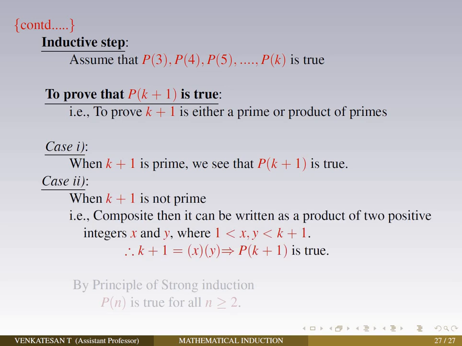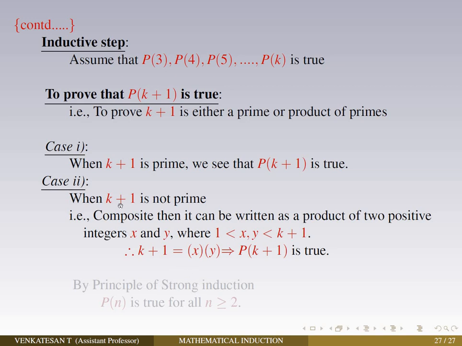If k plus 1 is not a prime number, it should be a composite number. Consider any one composite number. Let me consider the composite number as 6. How can we rewrite this 6? That 6 will be rewritten as product of two prime numbers, that is 2 into 3. Remember, the 2 and 3 lie between 1 and k plus 1.